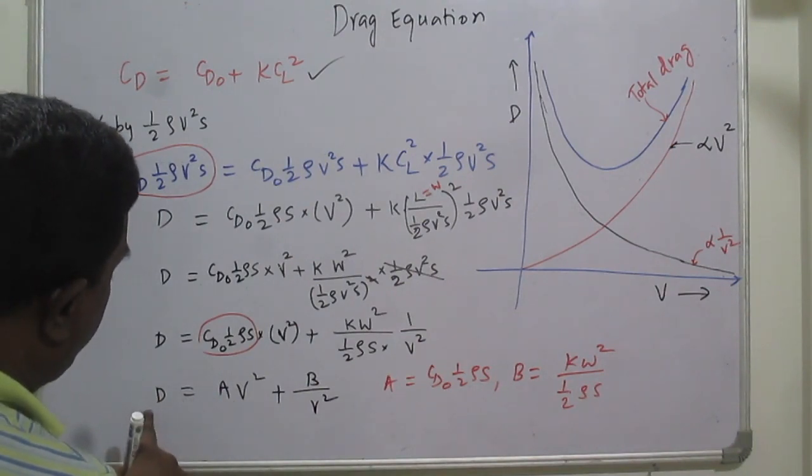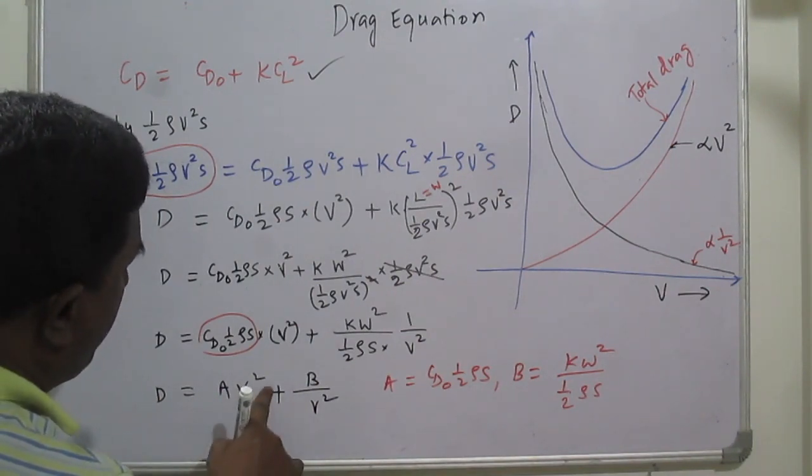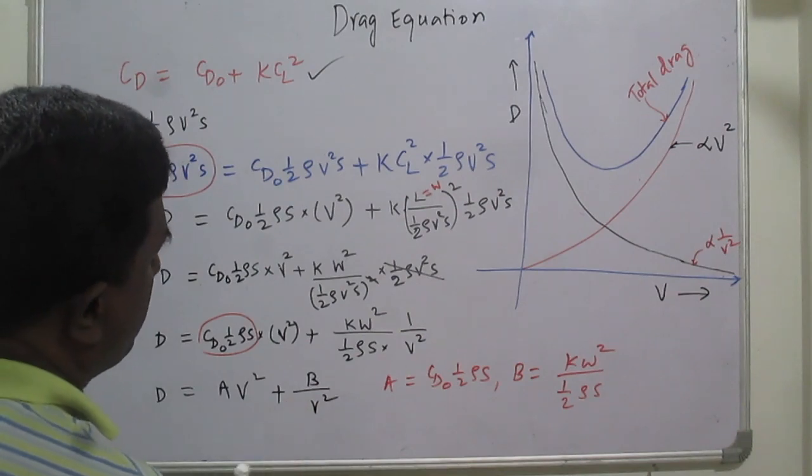Finally we write the drag equation: D equals A V square plus B by V square.